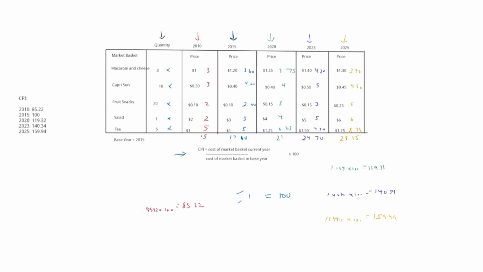To do that, we have to use a percent change formula, which is the new value minus the old value divided by the old value times 100. So this is our formula here. That's what we need to find our inflation rates.